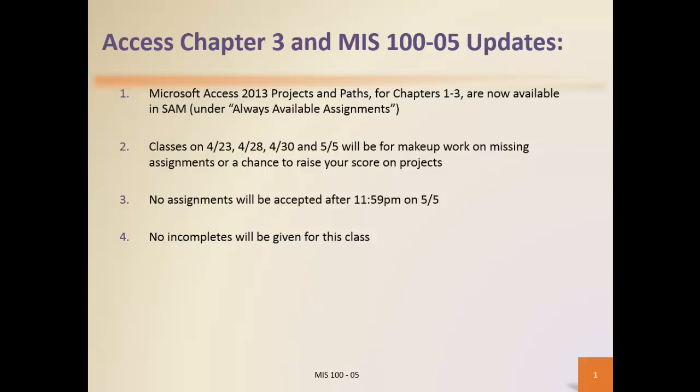Number 3, no assignments will be accepted after 11:59 p.m. on May 5th, and make sure you get all your work in because no incompletes will be given for this class. So let's jump into Access Chapter 3.